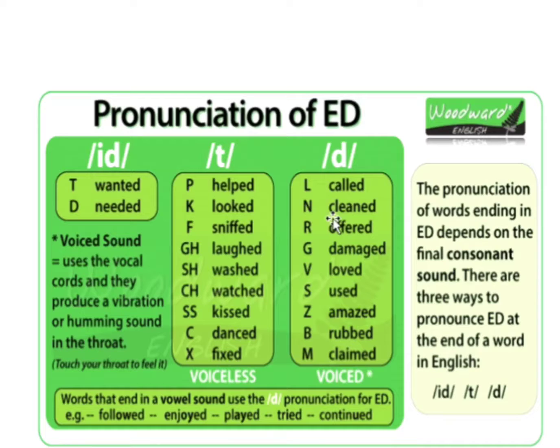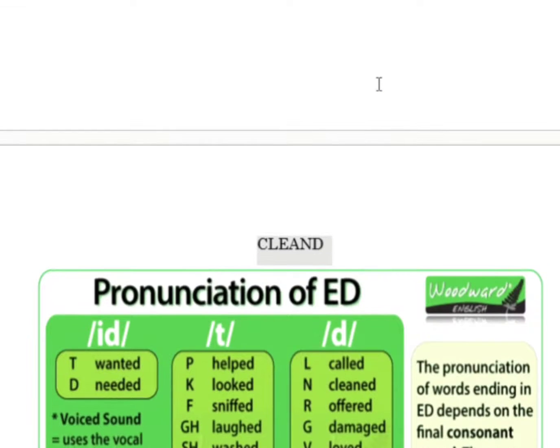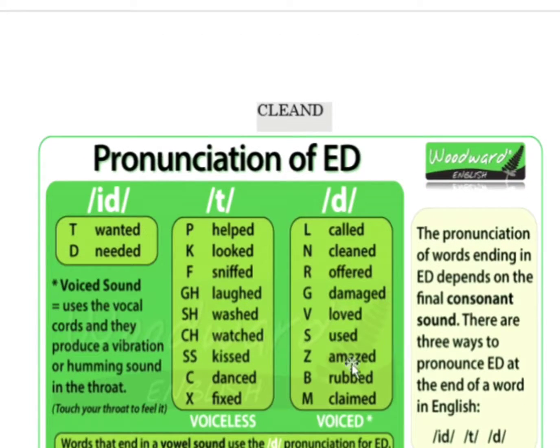The next case, an N, we say clean in present, right? To change this verb to past form, add ed. Cleaned. So the ed sound sounds like a D. Clean, cleaned. Let's continue, for example, with the verb love.